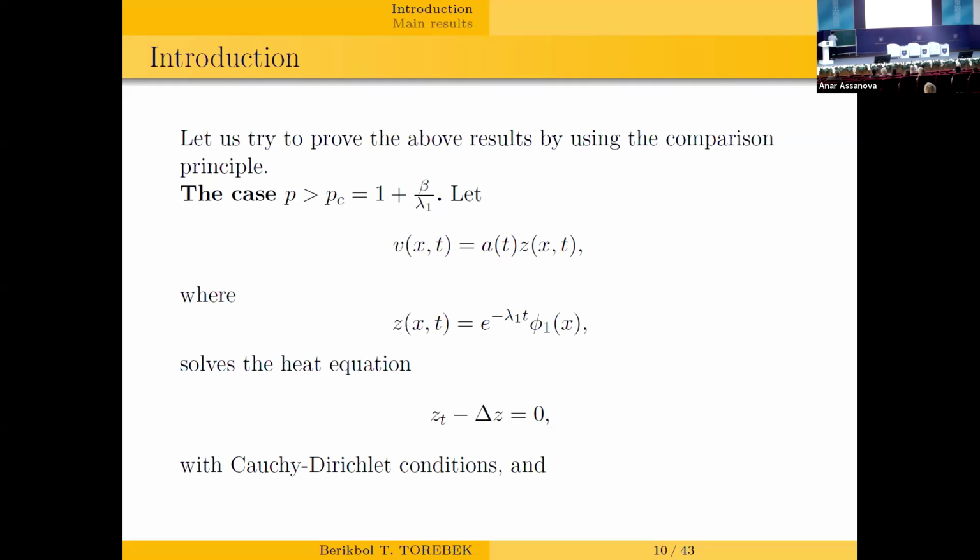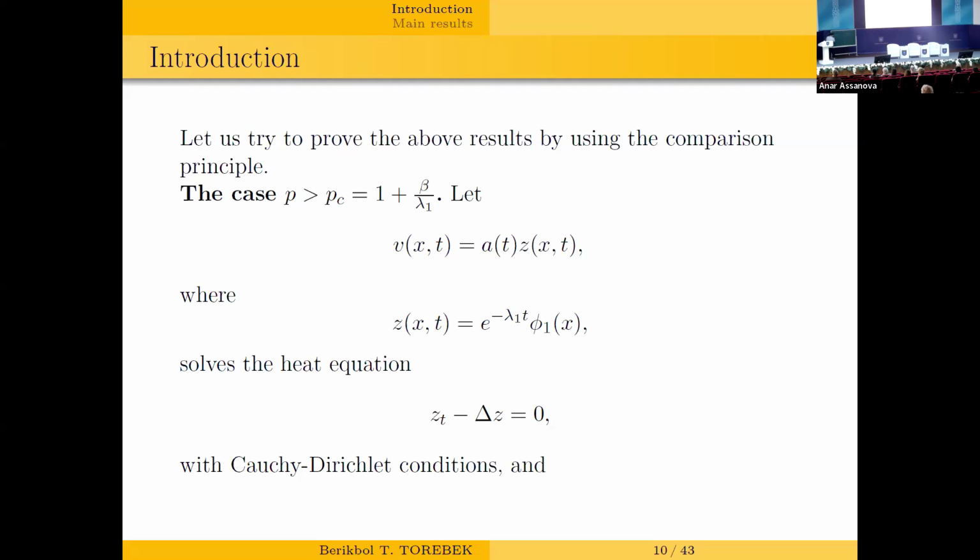Here we can put any nonlinearity, for example, locally Lipschitz. And we can also consider one function satisfying this inequality, and a second one satisfying this differential inequality, and it is also zero on the boundary.